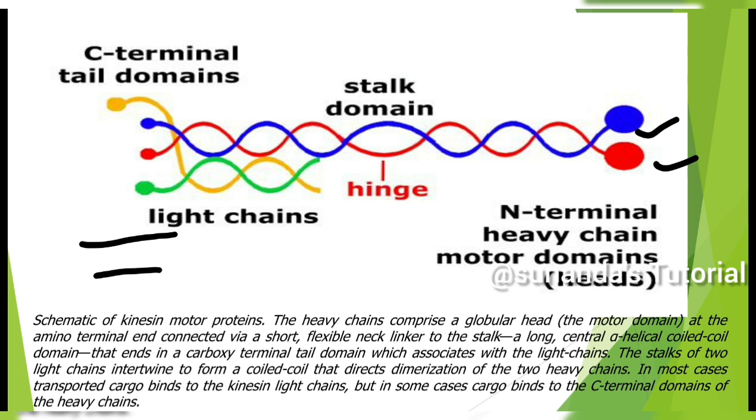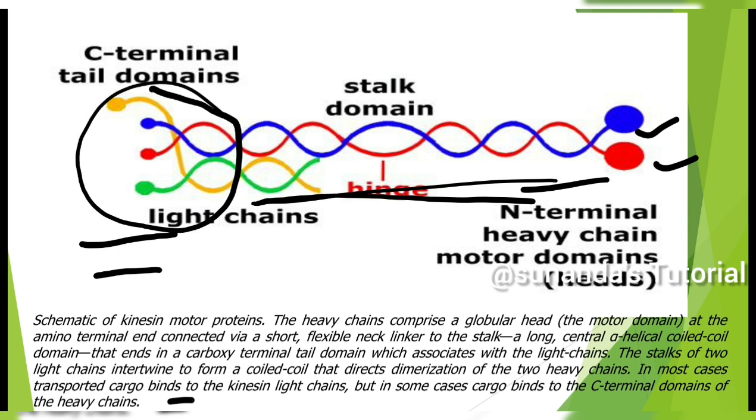The stalks of two heavy chains intertwine with each other to form a coiled coil that directs dimerization of the two heavy chains. In most cases, transported cargo binds with kinesin light chains, but in some cases cargo binds with the C-terminal domains of the heavy chains. Okay, so it will vary with the situation.